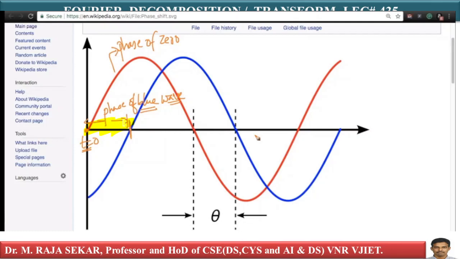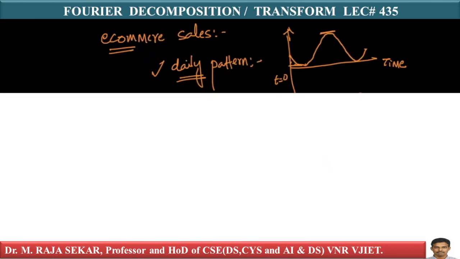Frequency is something very, very fundamental, especially when you see repeating behavior. Repeating behavior occurs in heart rate. It also occurs in e-commerce sales, because there is a daily pattern of sales.